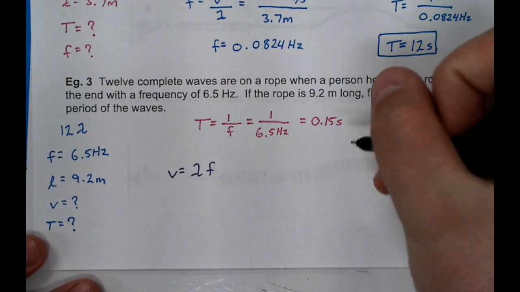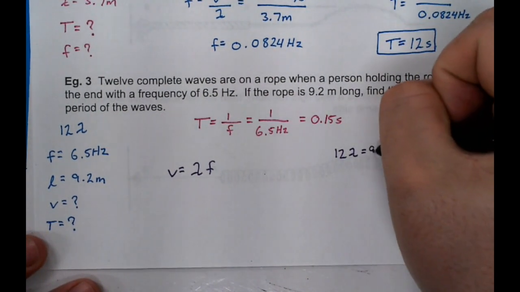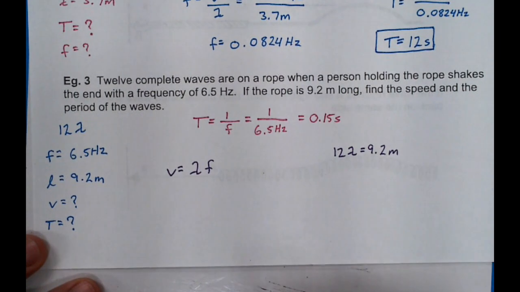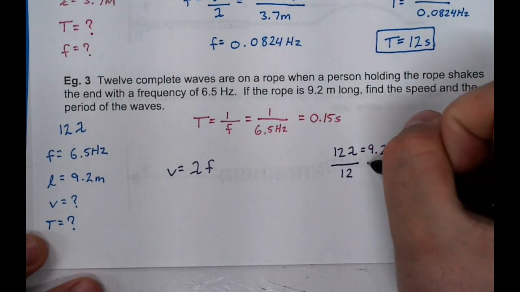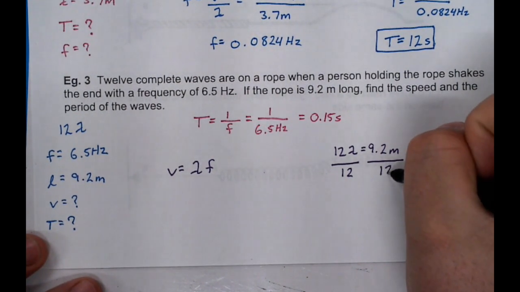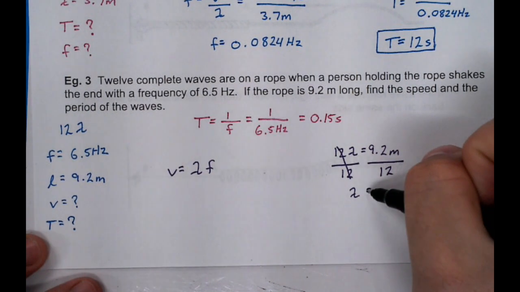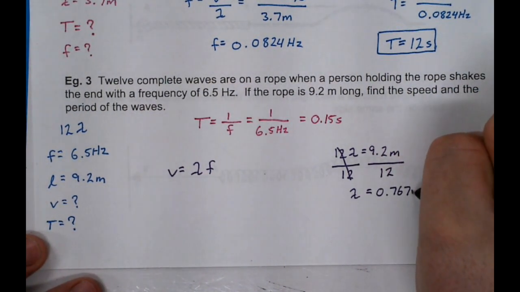When we have 12 wavelengths, they are equal to 9.2 meters on the rope. So to solve for just one wavelength, we're going to divide that 9.2 meters by 12. That means our wavelength is equal to 0.767 meters.